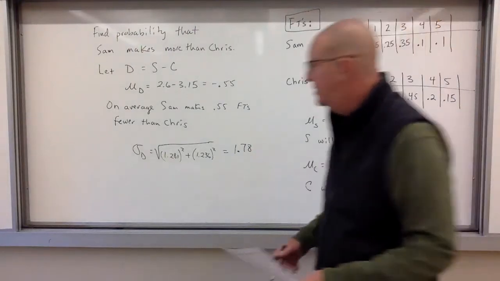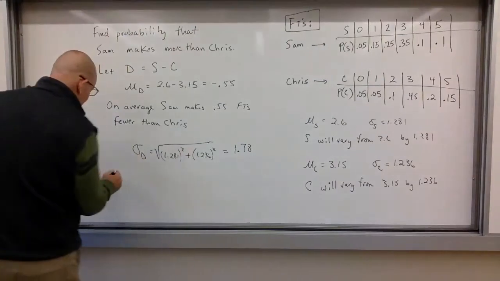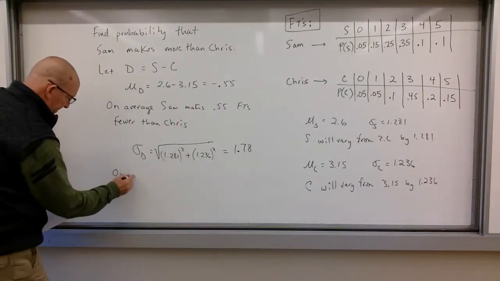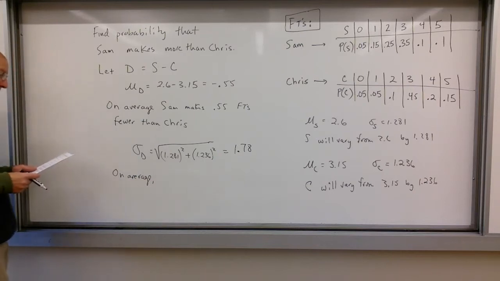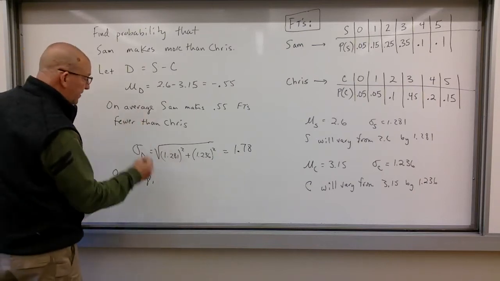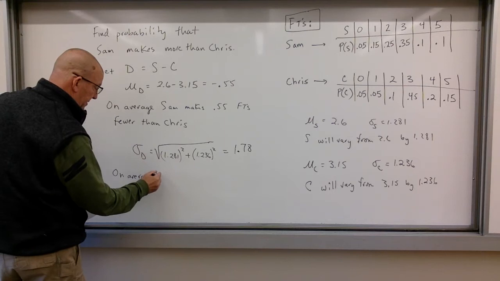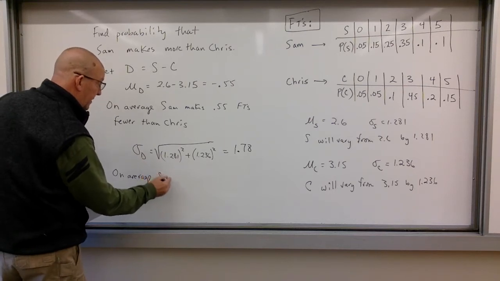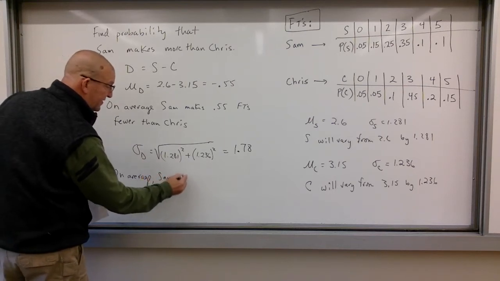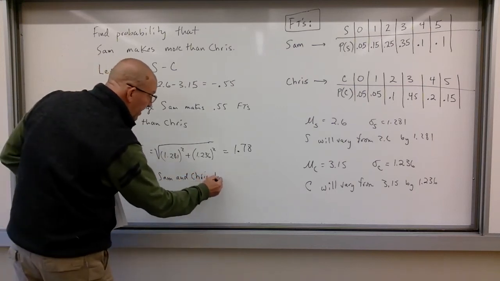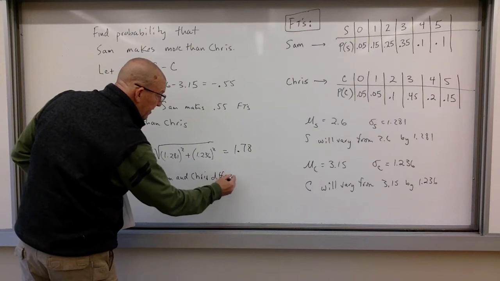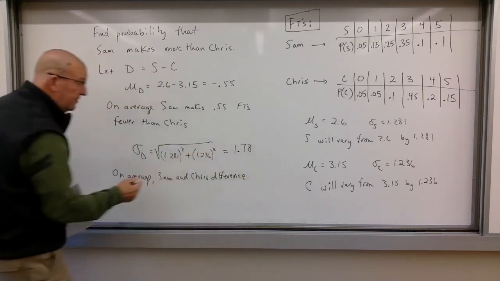Okay, so what does that 1.78 mean? That means on average, the difference between Sam and Chris will vary. Now fill in your sentence over there.